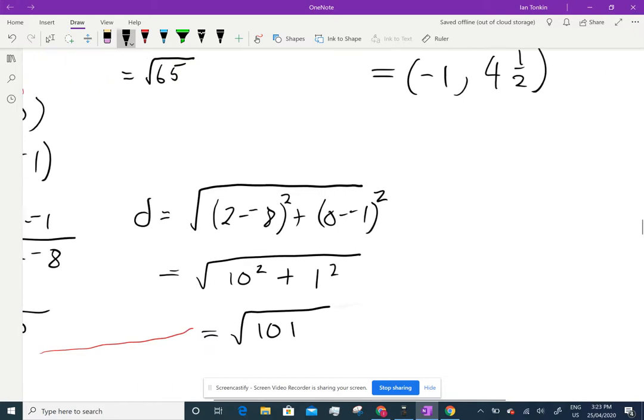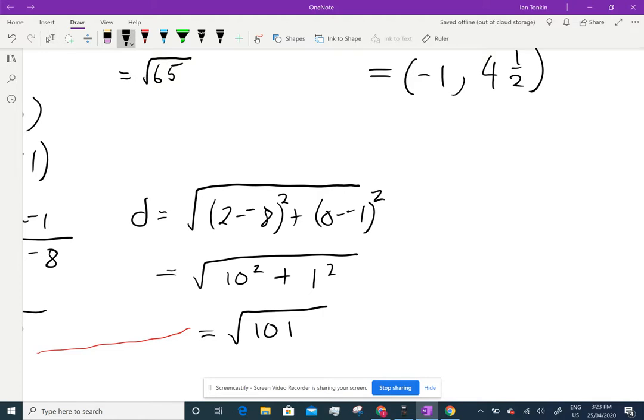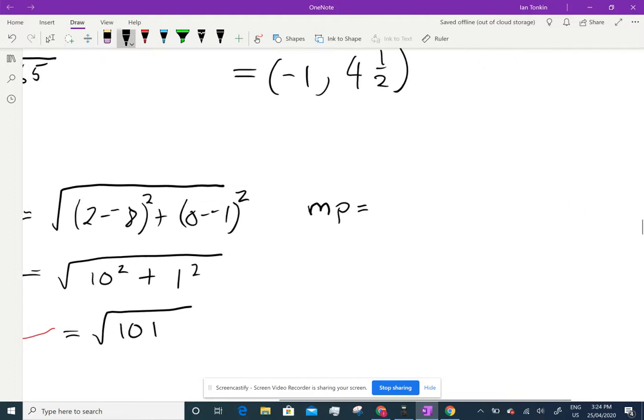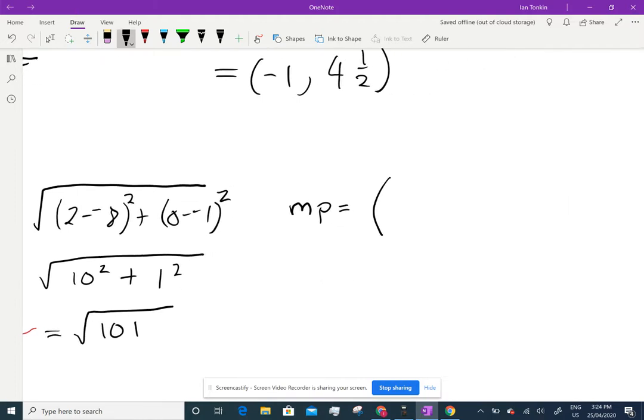Now, the next one, the midpoint. Again, I'm just adding the x values. So what were the x values? 2 and negative 8. So 2 plus negative 8 over 2.